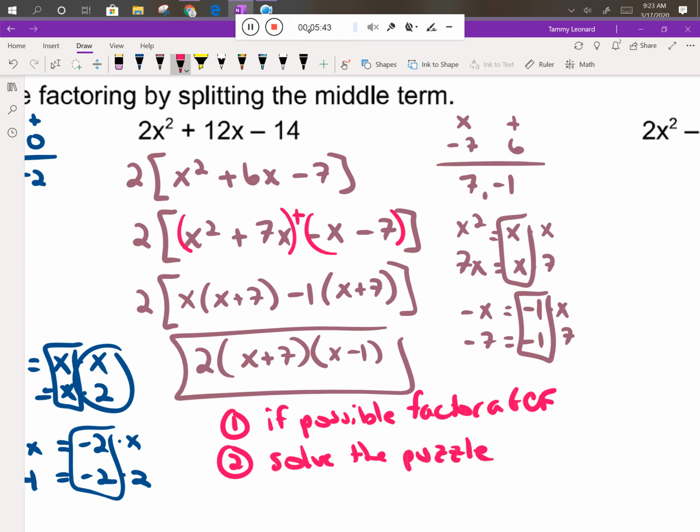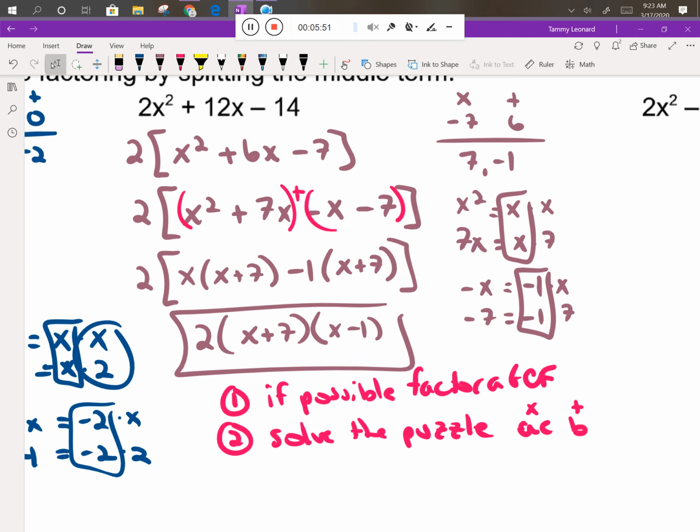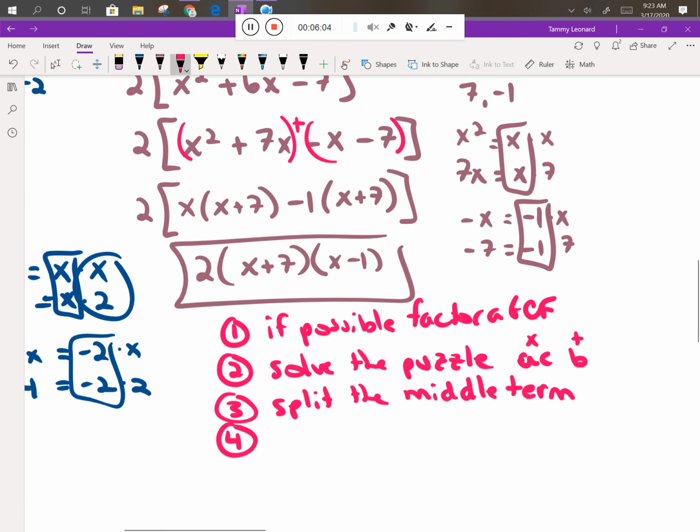So we look at the AC, we say what multiplies to make AC and what adds to make B. We solve that puzzle so that we can get to step 3, which is to split the middle term. Step 4 is to create the sum of the two binomials.